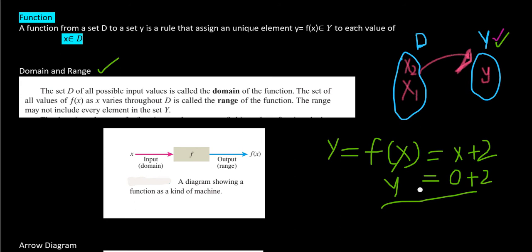The next statement is this: the range may not include every element in the set Y. They are saying that the range must have all those values that we find after putting the values from the domain.